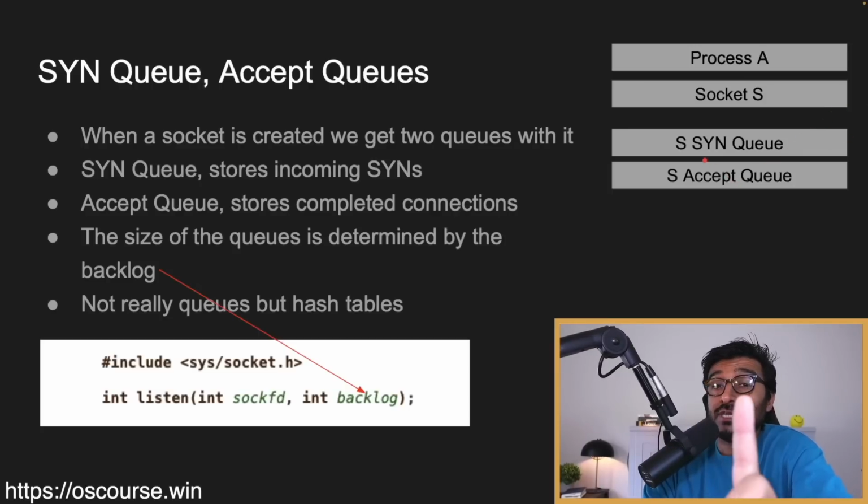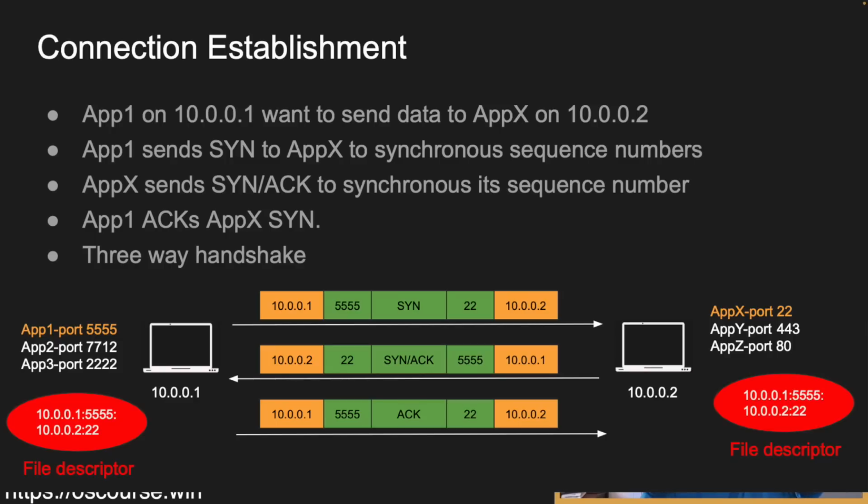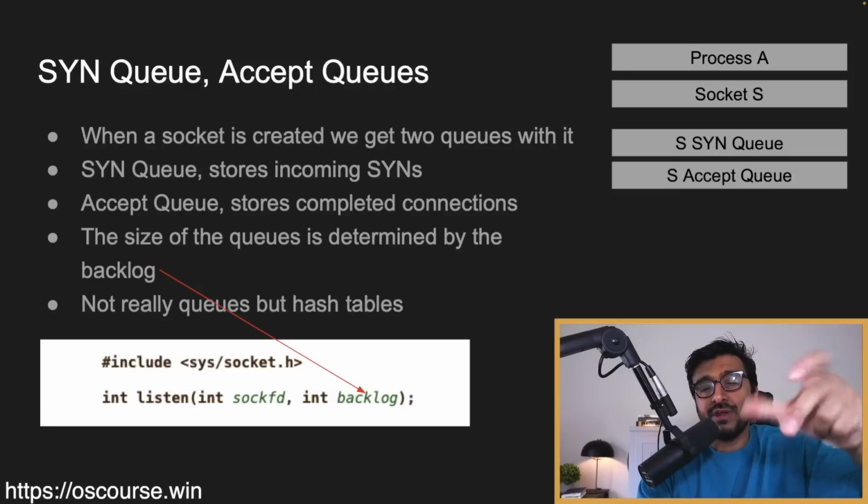So we get something called a SYN queue, and this belongs to the socket S. And we get another queue called the Accept queue. What are those for? Well, if you're here, you probably know how to establish a TCP connection, right? We do a SYN, and then the server sends back a SYN ACK, and then the client sends back an ACK, and that's called a three-way handshake.